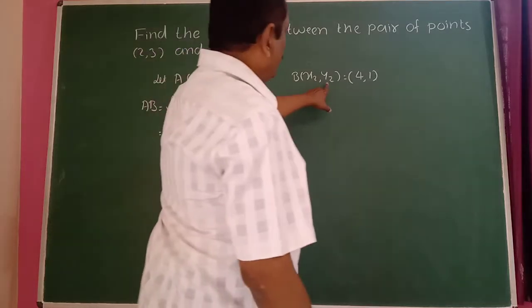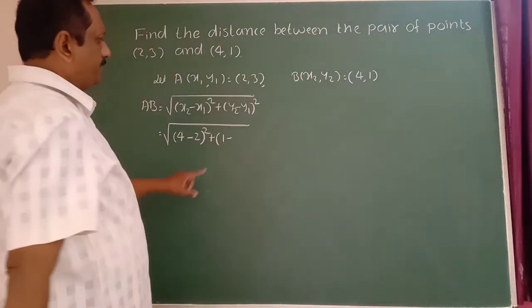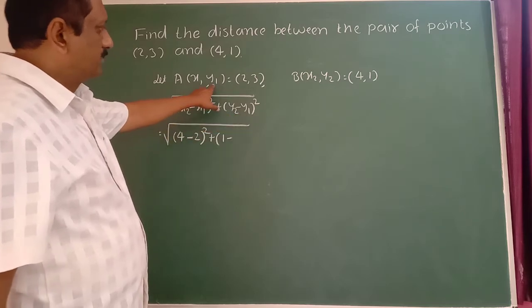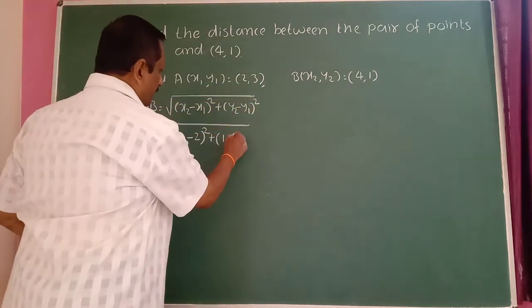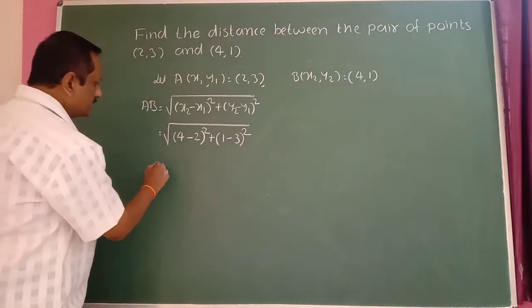The y2 value is 1, so 1 minus y1. Sorry, y1 is 3. So y1 value is 3, squared.